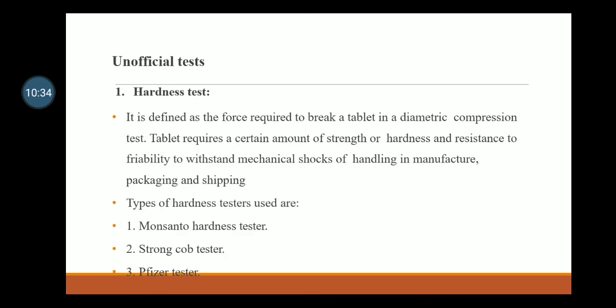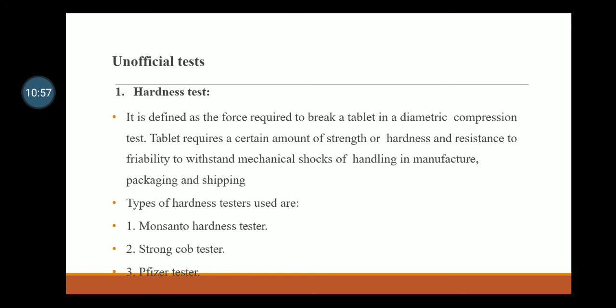Unofficial tests. First, hardness test. It is defined as the force required to break a tablet in a diametric compression test. A tablet requires a certain amount of strength or hardness and resistance to friability to withstand mechanical shocks of handling in manufacture, packaging and shipping.